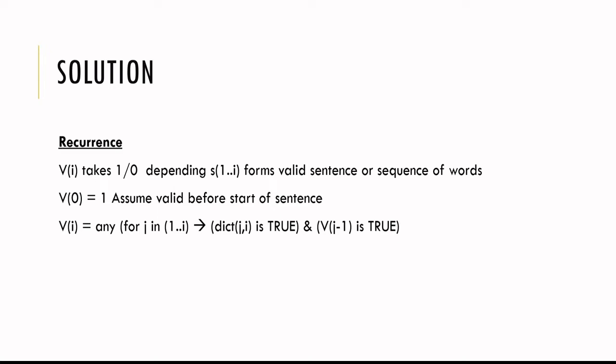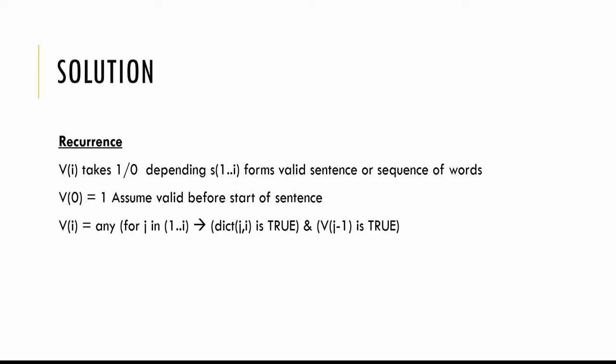So by scanning j, we can get words of all possible lengths ending at i. The key is that the word we are talking about always ends at i, and it is of all possible lengths from the beginning of the sentence to one less, then one less, and so on, till it becomes a single character. So that is the key. Once you understand this part, that this dict(j, i) is a variable-sized word, we're going to scan all possible words ending at i.